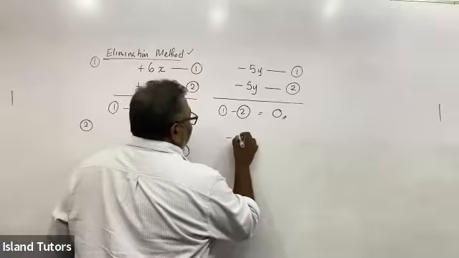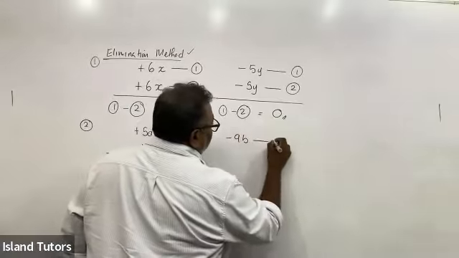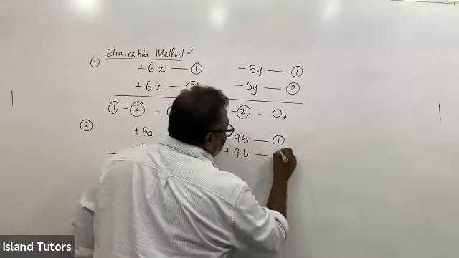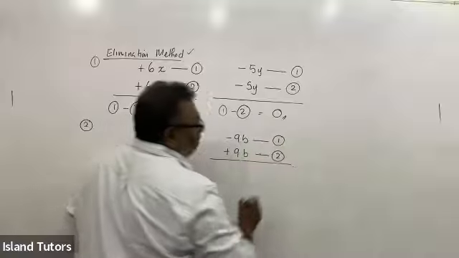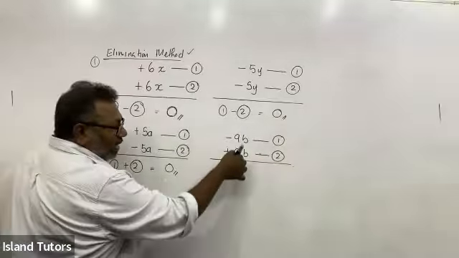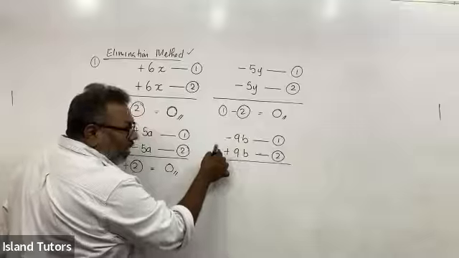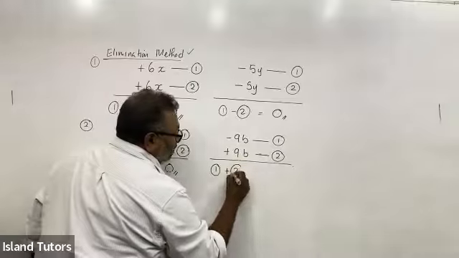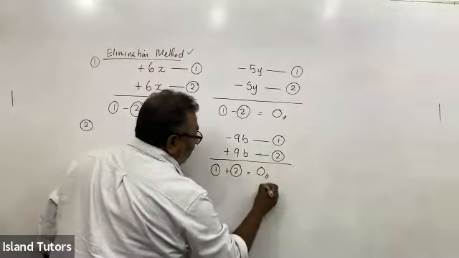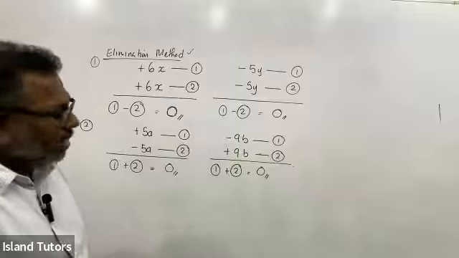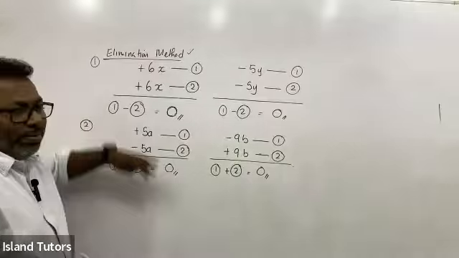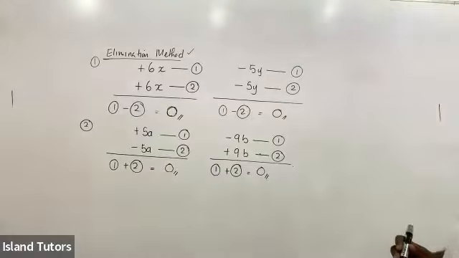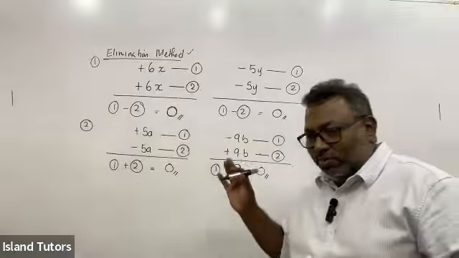Likewise, minus 9b, first equation, plus 9b, second equation, coefficient same, signs different. So then what do you do? You add first equation, second equation, and you get 0. So these two rules are very, very important in order to solve your simultaneous equations. That has been given in the tube itself.